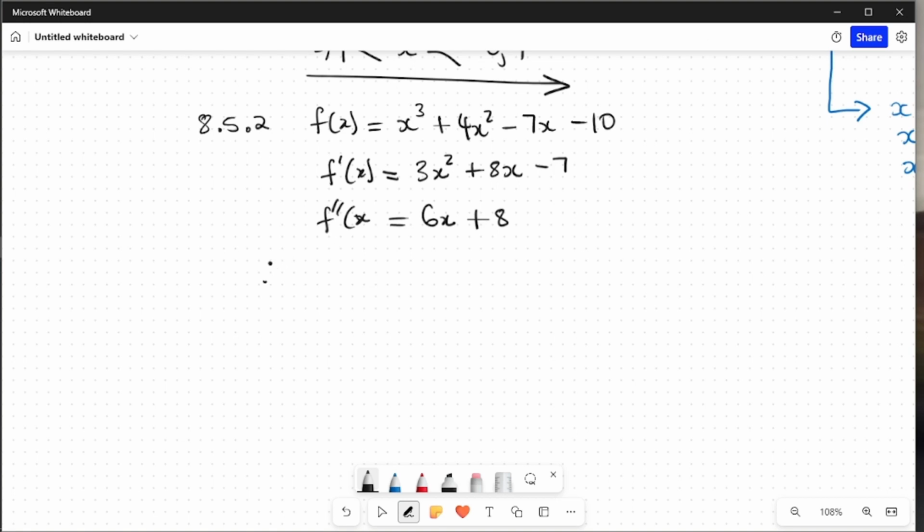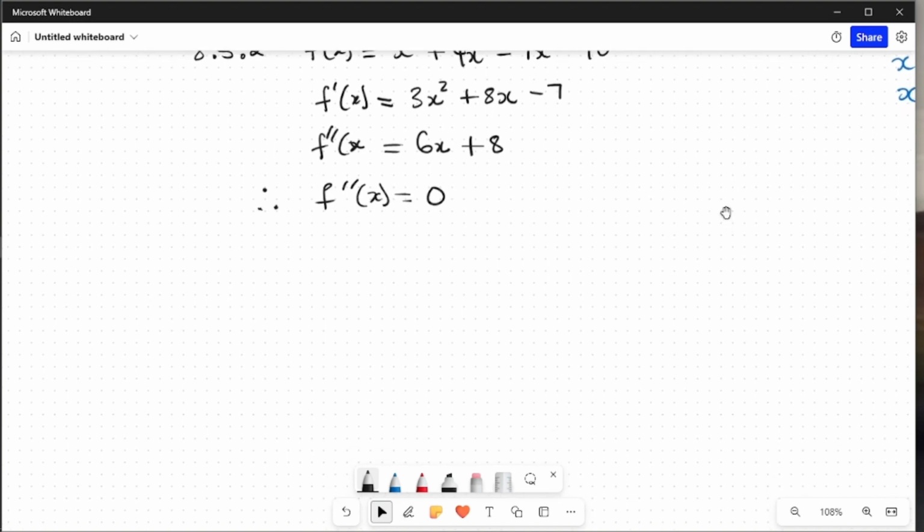Now you equate your second derivative to 0 and solve for x, because we want the x value. So 6x plus 8 is equal to 0.